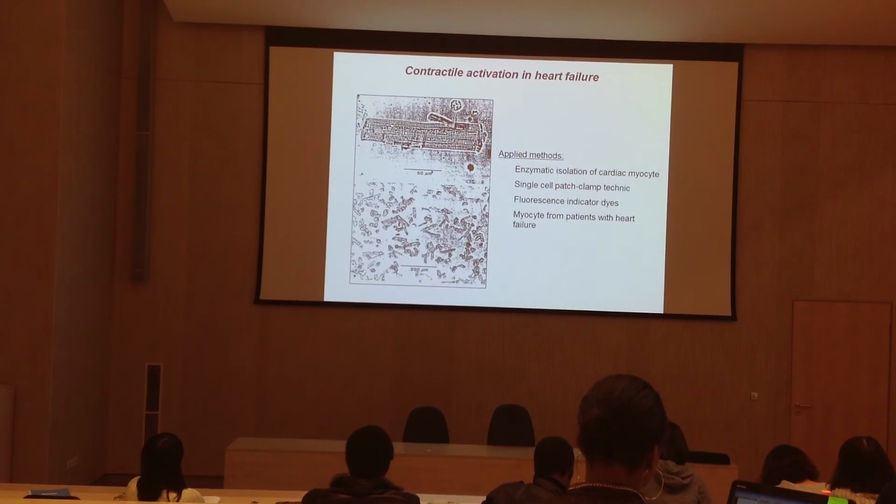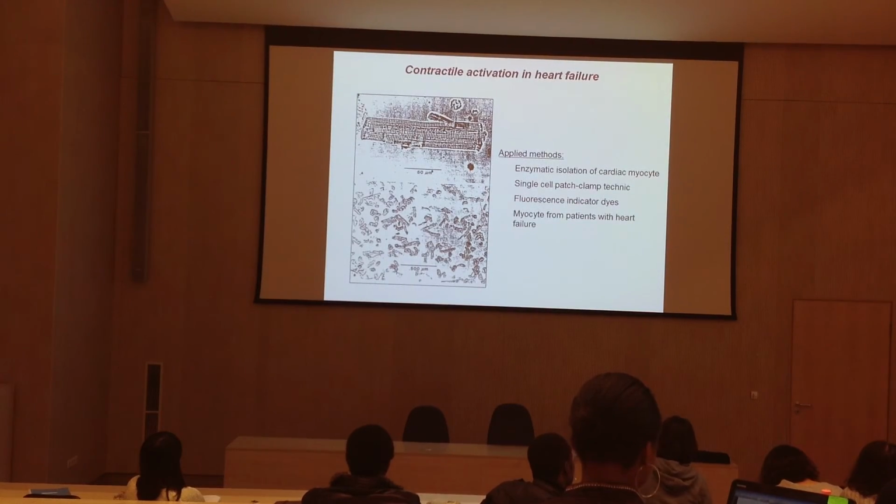We can apply different fluorescence indicator dyes into the muscle and measure the resting calcium level, and after that how the calcium concentration increases during the systole and how it decreases during the diastole.